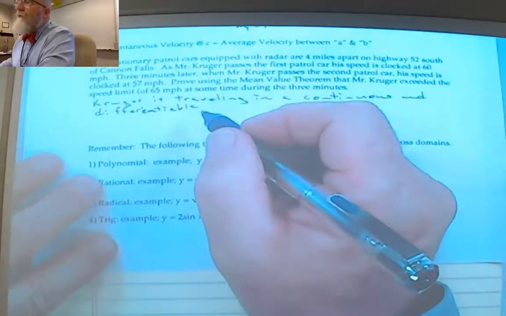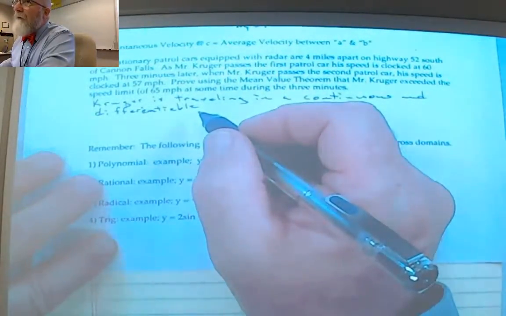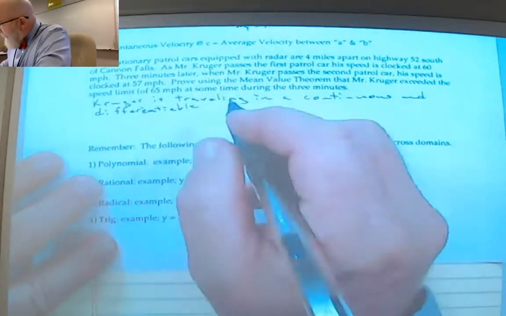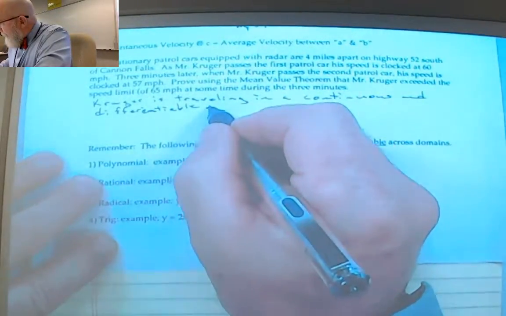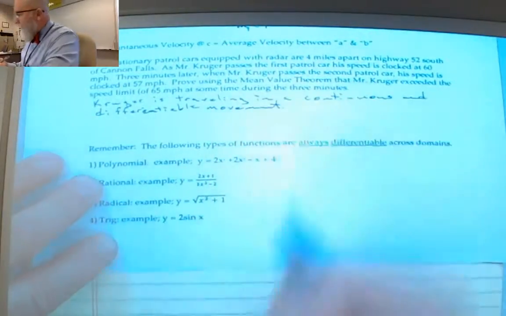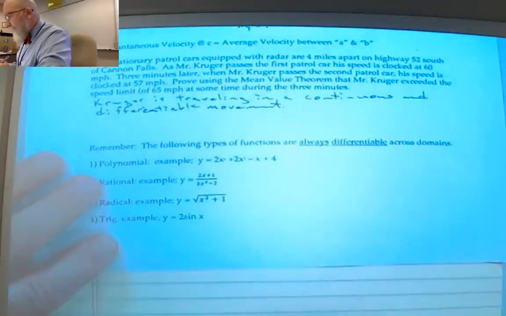Now, it's because time. Does everybody understand that time is continuous and differentiable? Right? Everybody got that? Okay, so I got to make sure everything's continuous and differentiable.